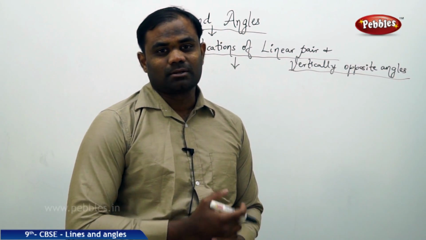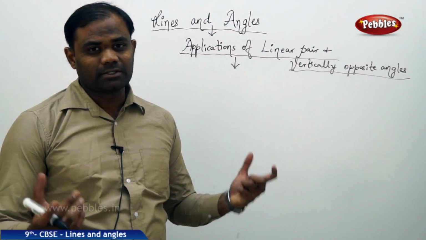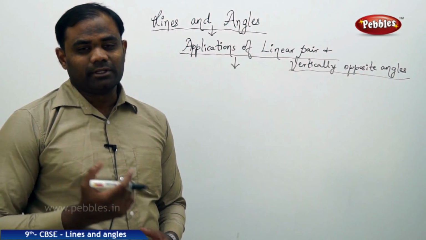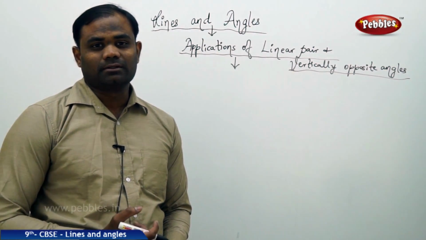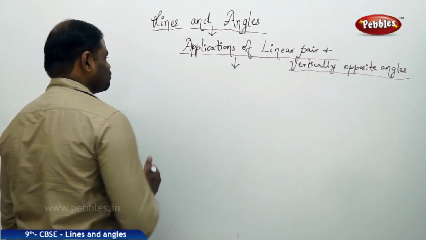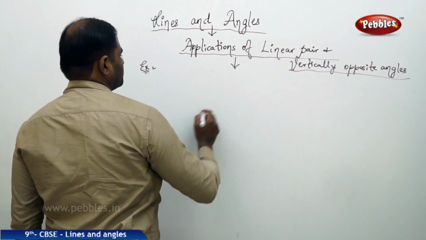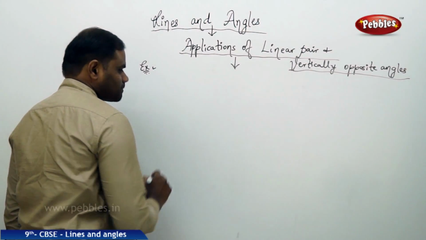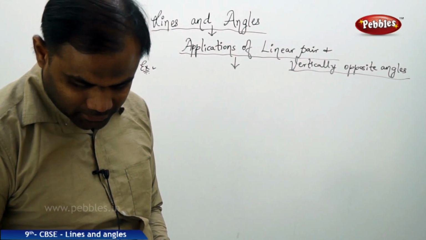So let's see some applications related to the theorems and axioms as learnt in the previous sessions related to linear pair, adjacent pair and vertically opposite angles. Imagine I have a problem which says ABC is a triangle.